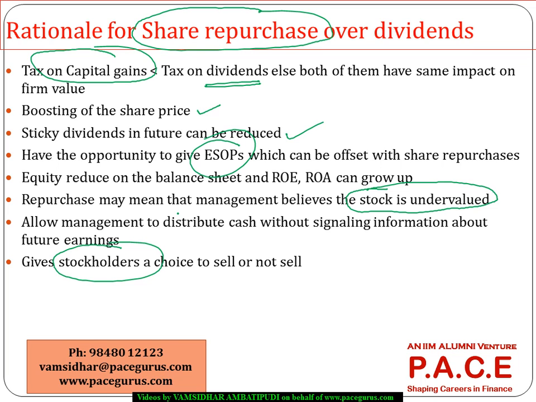If he wants to surrender his shares, he can do it, otherwise he need not. So it is an option to the investor, whereas with the dividend, there is no option. It is mandatory for the investor to take the dividend once the company has declared it. So from all these dimensions, I can very well look at a preference for share repurchases over dividends.